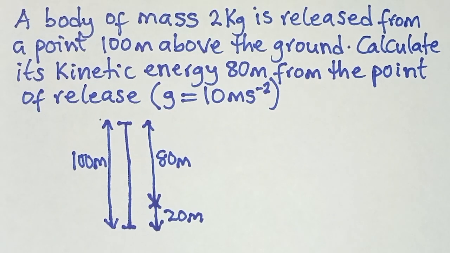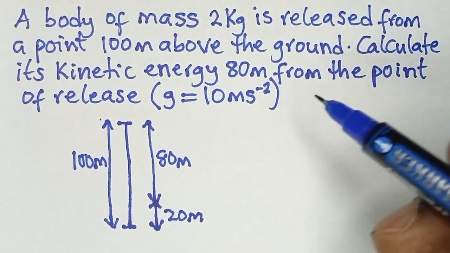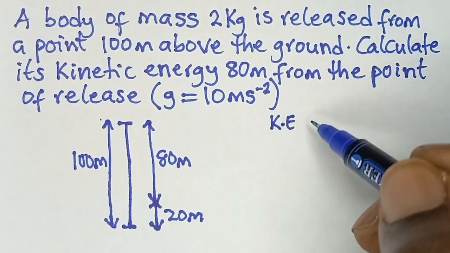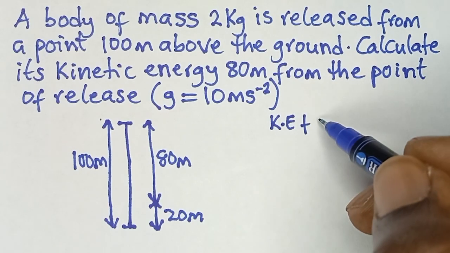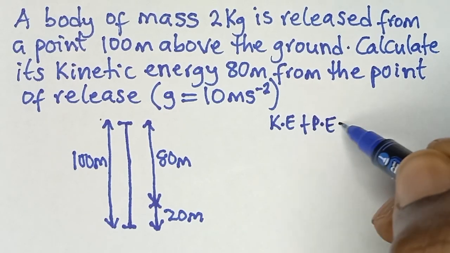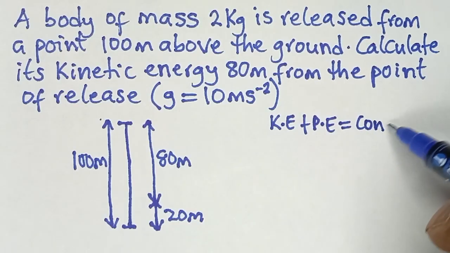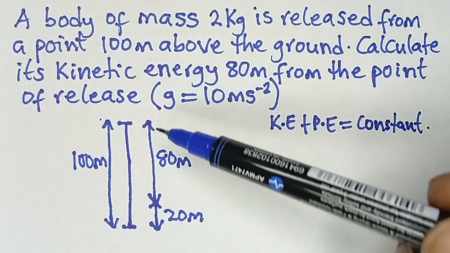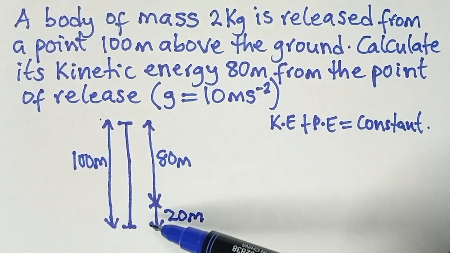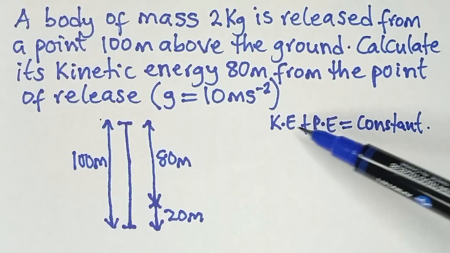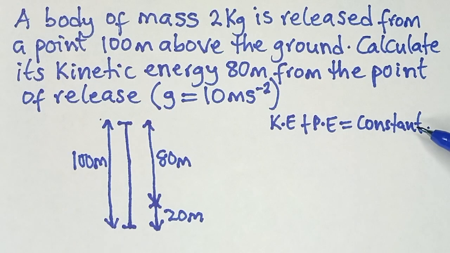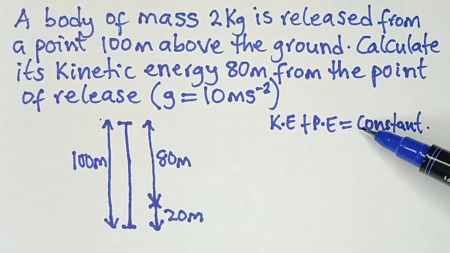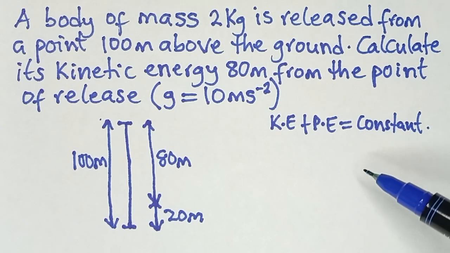Now, what we need to do here is to remember this important point that KE, that is kinetic energy, plus potential energy is equal to a constant. Is a constant value. So at every point from the very top here to the bottom, at every point in time, this is very, very true, provided energy is not lost, that the total kinetic energy plus the potential energy is always a constant value.